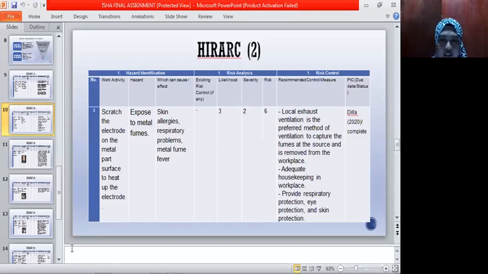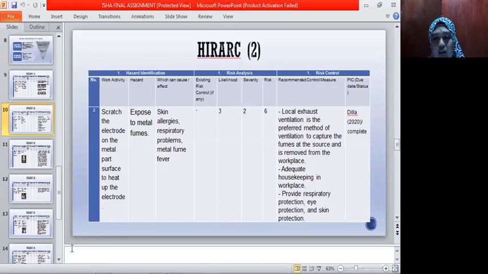This has been stated in OSHA 1994 Part 4, which is the general duties of employers and self-employed persons. The employer is responsible to provide provision and maintenance of a working environment so that it does not become very risky towards the workers.